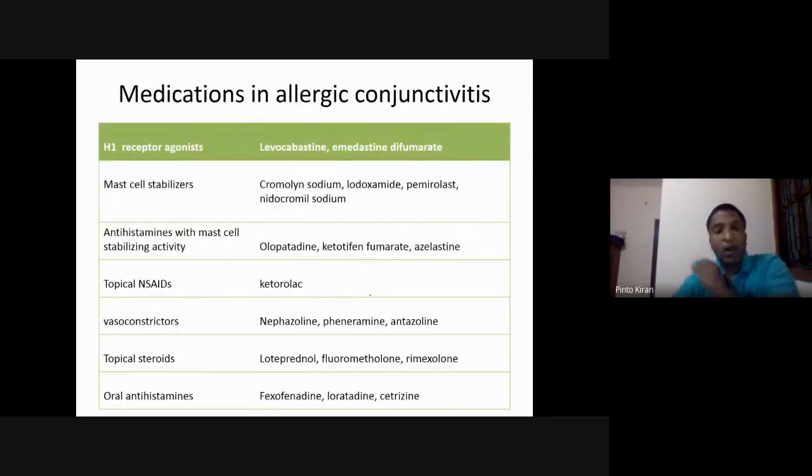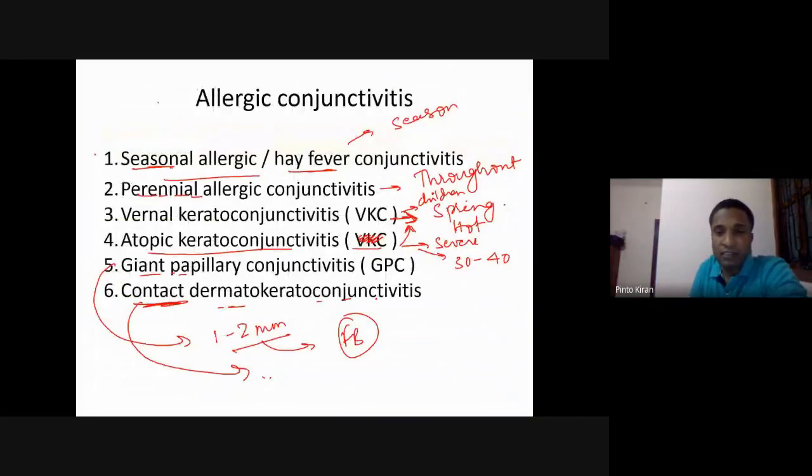So in all the cases, how do you treat? Before discussing the presentation of the causative agent, you have to remember that all allergic conjunctivitis is a type 1 hypersensitivity reaction. What do you mean by type 1 hypersensitivity reaction?